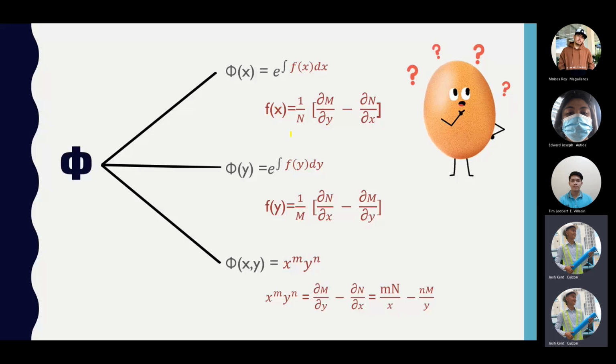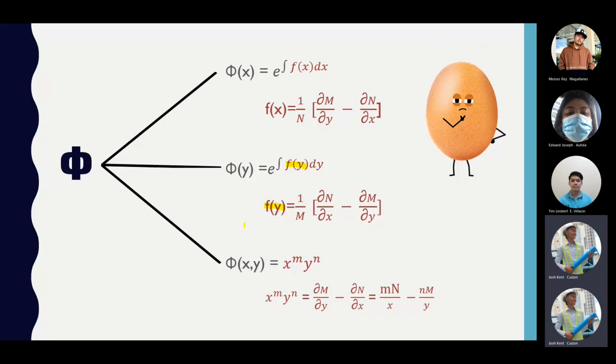On the other hand, phi of y is equal to e raised to the power of integral of f of y dy, wherein our f of y is to be computed as 1 over M times partial derivative of N with respect to x minus partial derivative of M with respect to y.